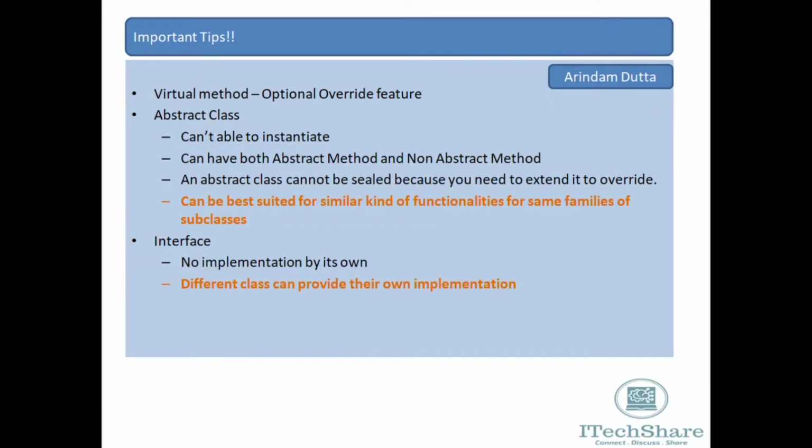Interface does not come with any implementation, so you have to provide that implementation in your derived classes. So that's the reason when functionalities are totally different and the families of these subclasses are different from each other, you can go ahead and implement an interface. Okay, so thanks for your time, and I hope this will help you to better understand virtual method, abstract class, and interface. Thank you.